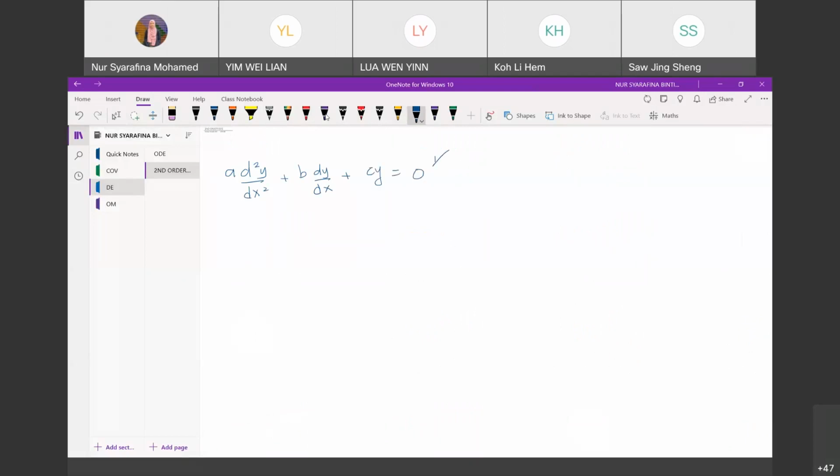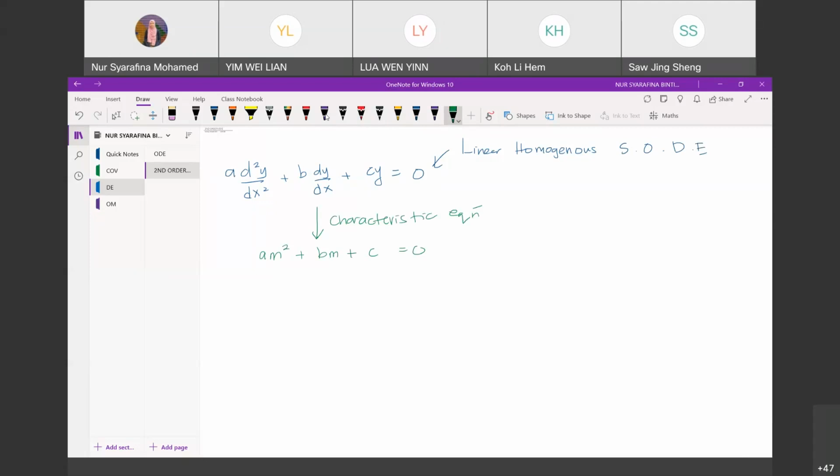The right hand side is 0, so it is a linear homogeneous second order differential equation. Now in order to solve this, first you need to convert to the characteristic equation, which can be formed into am squared plus bm plus c equals 0.